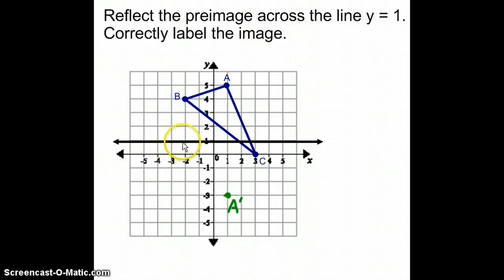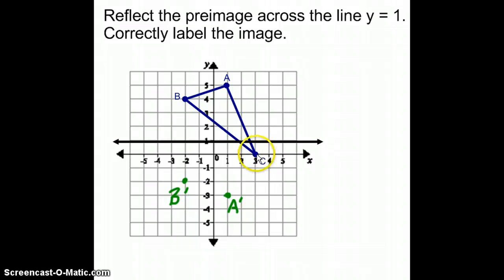Continuing with B, we see that B is 1, 2, 3 units above our mirror line, so that means we need to go 3 units below our mirror line, and label that as B prime.